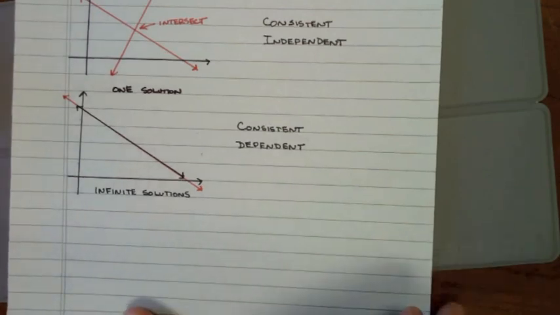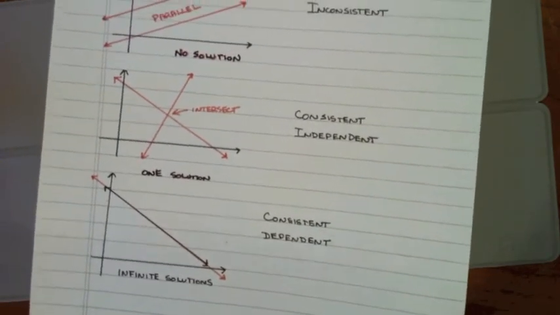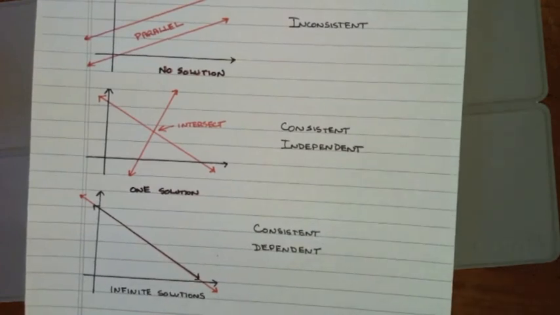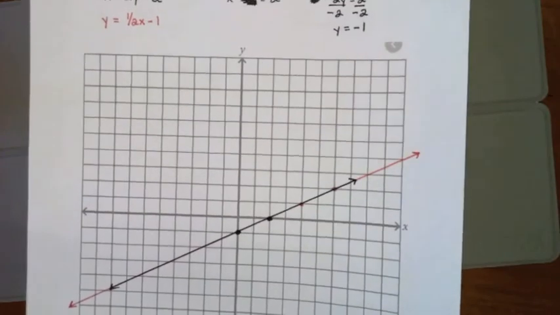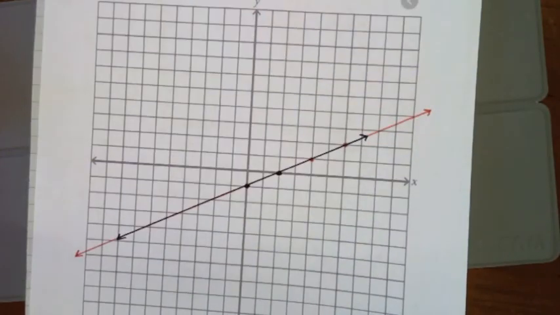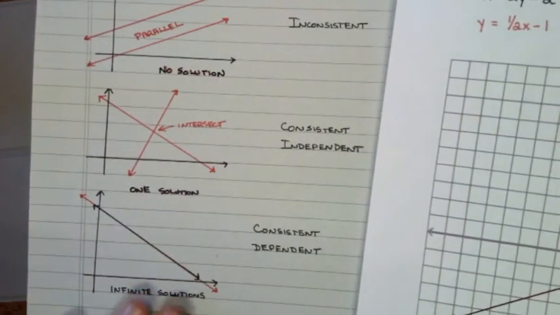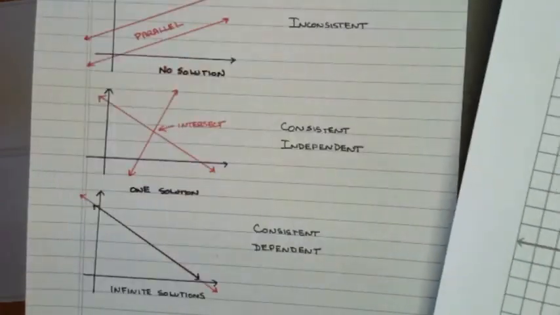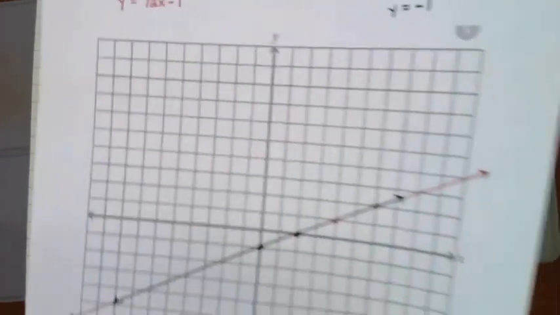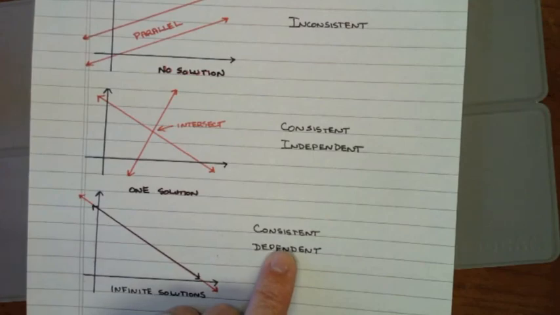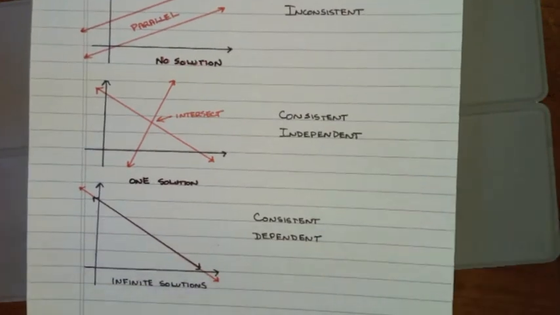So what you would do is use this chart right here to help you answer what kind of system this is. What type of system was this one right here? Which one does it match up with? It's the exact same line. If it's the exact same line, then it's going to be consistent and dependent.